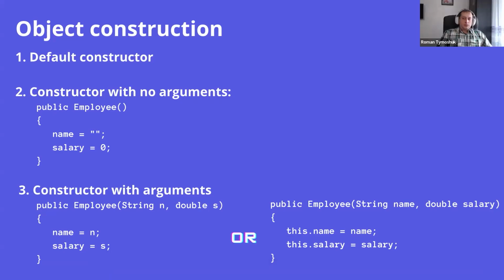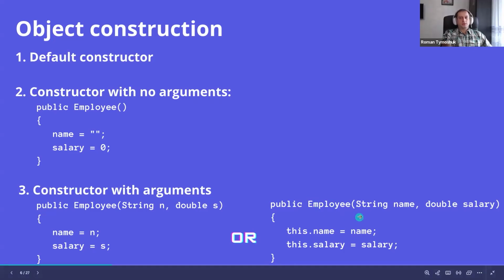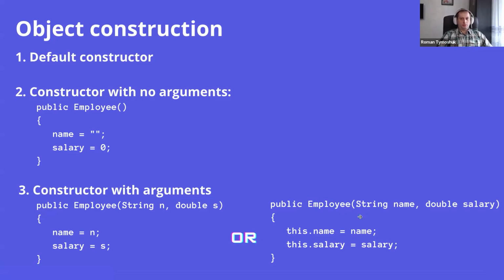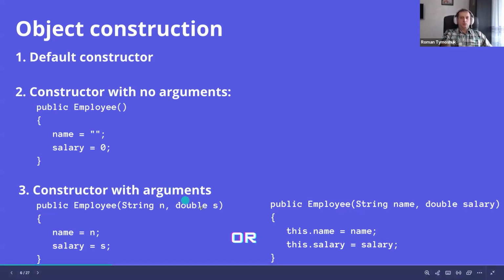Yeah, that's correct. Moreover, just compare these two examples. The example on the right is quite human readable in case you are using this constructor somewhere else in your program. Because if you're trying to define the employee, it says, please provide an N and S. What is that? Nobody knows.